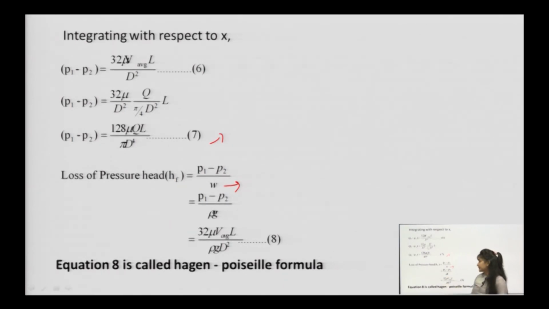Substituting rho g, you are getting a final equation for calculating the pressure drop after travelling a distance from one section to another, and this is the main equation: 32 mu V average L by rho g d square. This equation is known as the Hagen-Poiseuille equation or Hagen-Poiseuille formula.